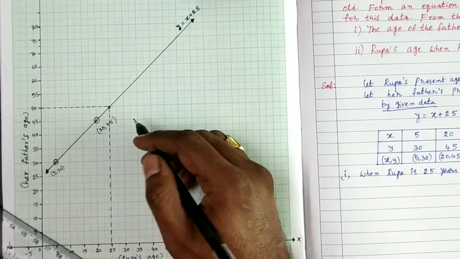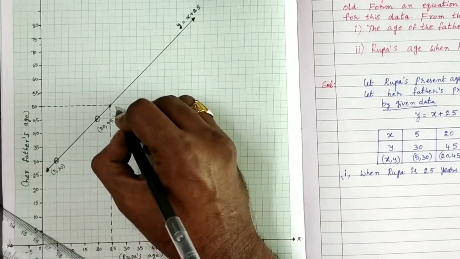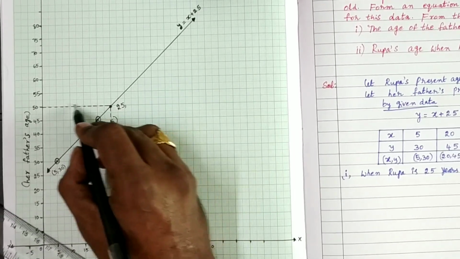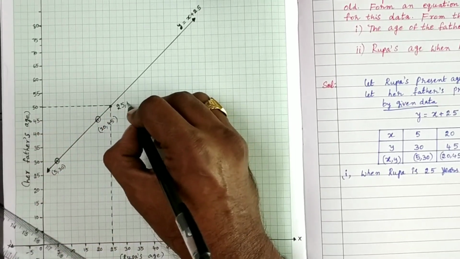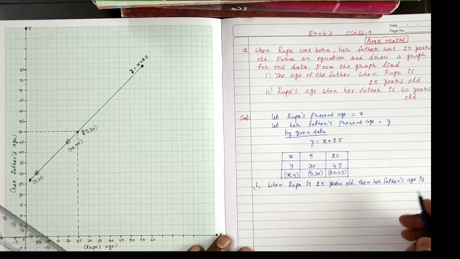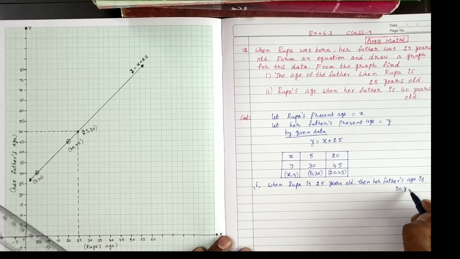So by observing this, when Rupa is 25 years, her father's age is 50 years.